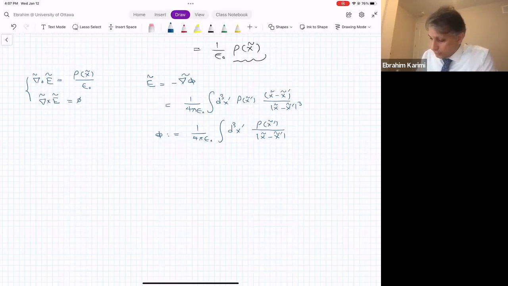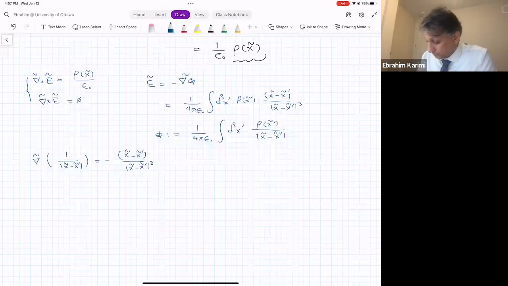During this derivation, we came up with two important facts. One is that the gradient of 1 divided by |x minus x prime|, I'm just reviewing what we had, is minus (x minus x prime) divided by |x minus x prime| to the power of 3.